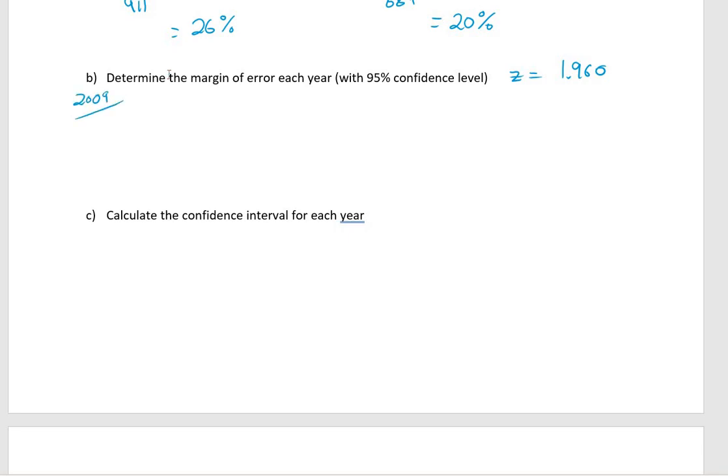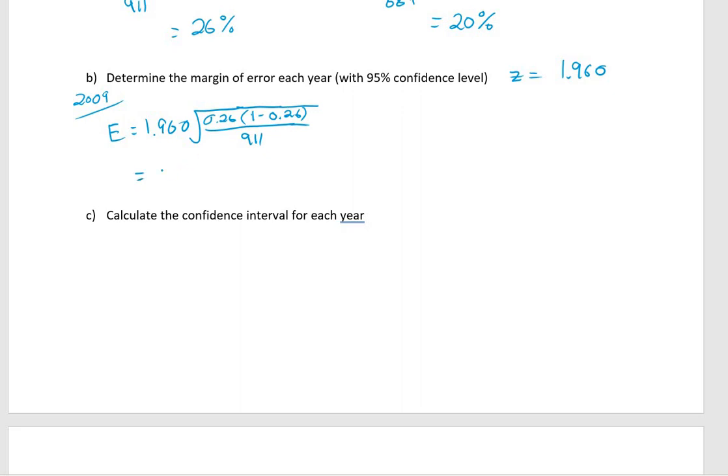So in 2009, E would be equal to Z, 1.960, times the square root of our percent, which is 0.26, times 1 minus the percent, 1 minus 0.26, for 1 minus P, all divided by the size of our sample, which was 911 fish that we caught.